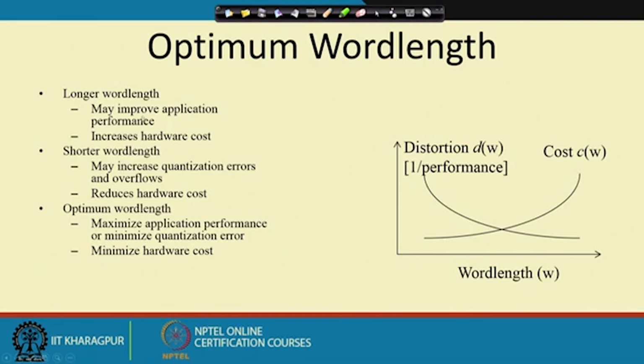The performance also increases with word length, but this is 1 by performance, so that curve is decreasing. As these are inversely proportional, where these two curves meet or intersect each other, that point is the optimum word length, where the cost along with the performance is at its best. This is the point we have to find, and the word length at that particular point is the optimum word length for your system design.